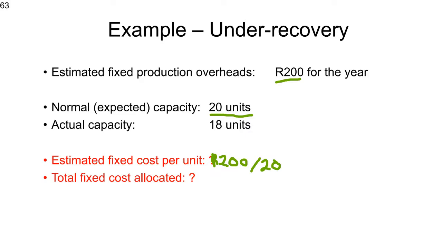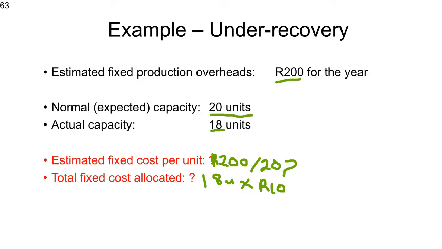Now, the next question is, how much did we end up allocating during the year? We only produced 18 units, which means we multiplied 18 units by the 10 Rand. Where did we get the 10 Rand from? The 10 Rand was the allocation rate that came from there.